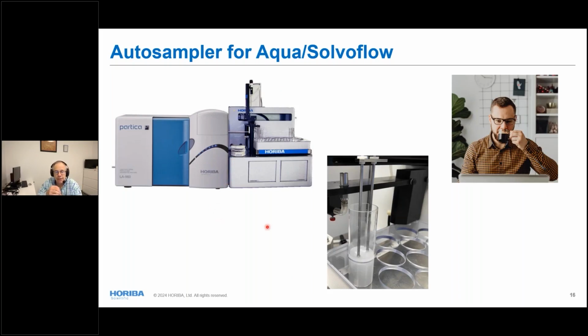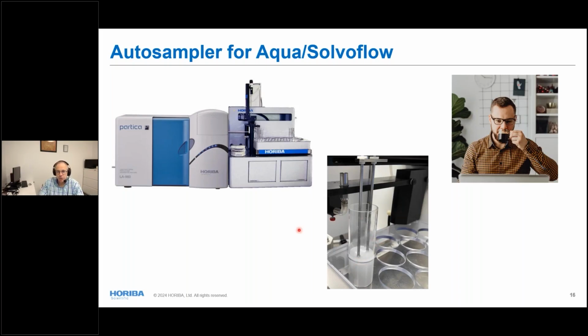This auto sampler, zoomed in here, has a couple of things that are a little different from your typical, say, GPC auto sampler, where you just draw the liquid up, in that there is an impeller that stirs the sample and ensures that you've entrained all of the larger particles before you draw it into the system and then put it into the analyzer.